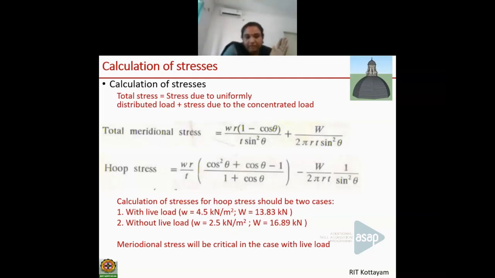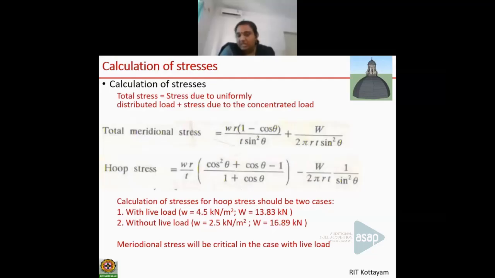So with live load, we know that the small w is 4.5 kilonewton per meter square and capital W is equal to 13.83. Without live load, small w is equal to 2.5 and capital W is equal to 16.89.